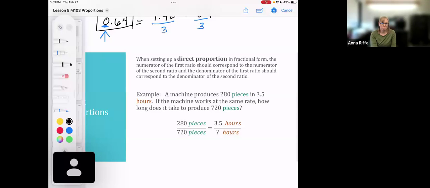And let's think about the types of variables that are present. Variables are things that are changing. They're not things that are constant. It looks like we have the number of pieces that the machine produces. So we're given some information about pieces, and that changes.